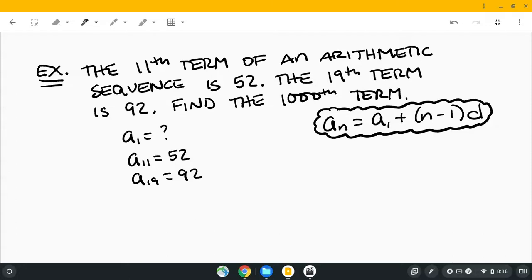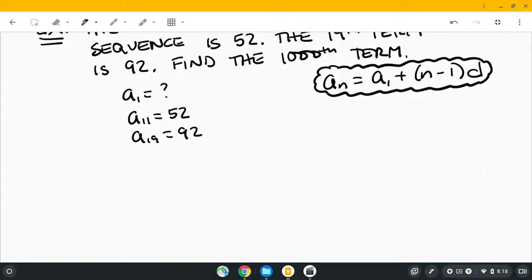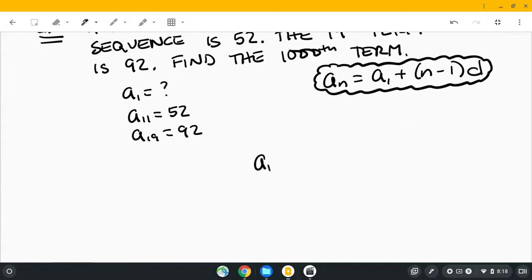But let's take a look here. We know that to get to the next term, we add D. To get to the next term, we add D. To get to the next one, we add D. And we keep adding D to get there. Let me draw a picture.